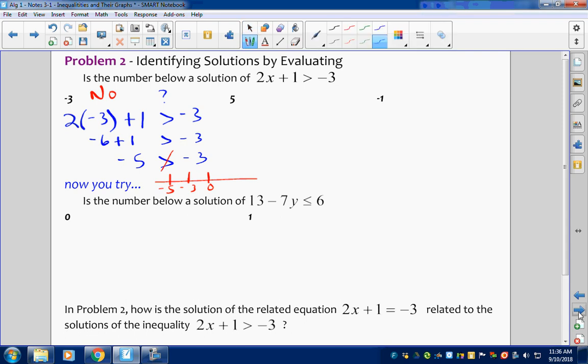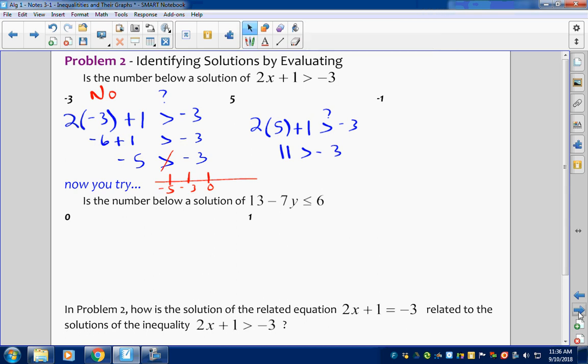The next one here, 2 times 5 plus 1, is that greater than -3? Maybe 10 plus 1 is 11. Is that greater than -3? That is a yes. So just write yes here. And then -1.